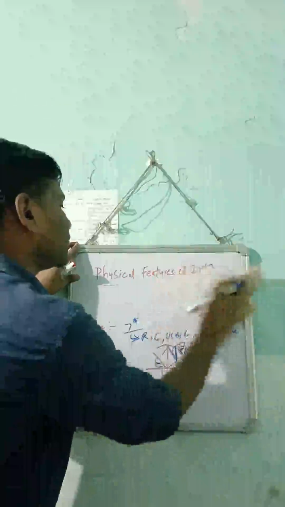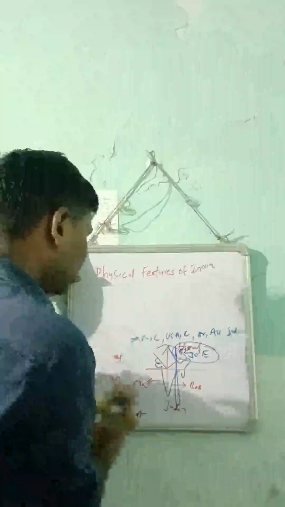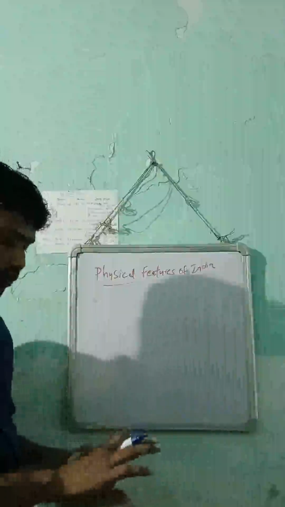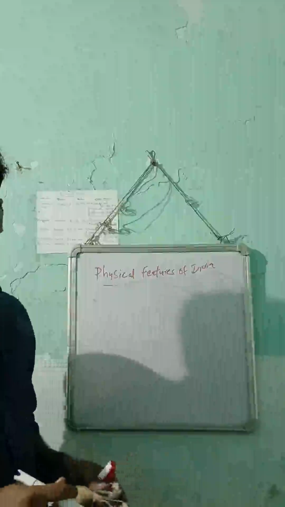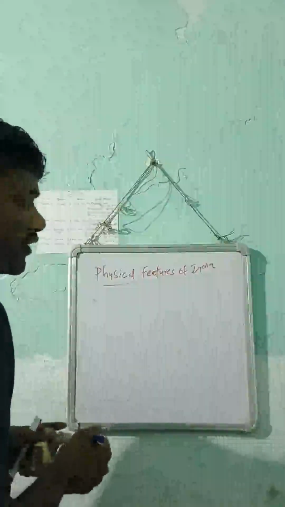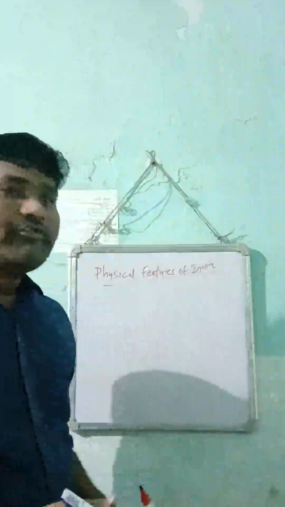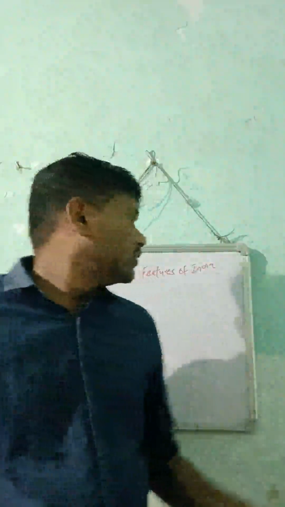Next, physical features. We just discussed the location and size of India. India is a vast country having various landform features. For example, if you live in a plain area, you see vast stretches of plain land.